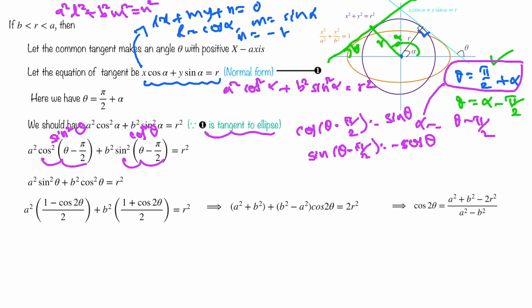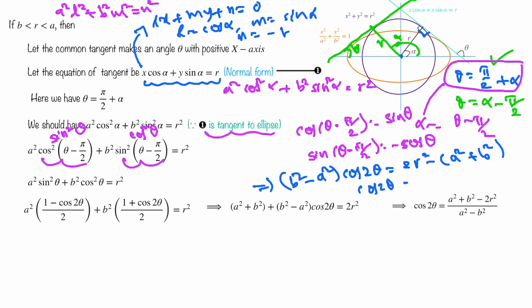Because first you can write b square minus a square times cos 2 theta equal to 2r square minus of a square plus b square. Next, if you take the minus out of the denominator and the numerator, you can write cos 2 theta equal to a square plus b square minus 2r square by a square minus b square. Okay, that's for this one.